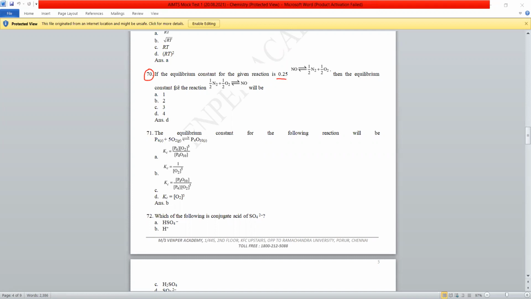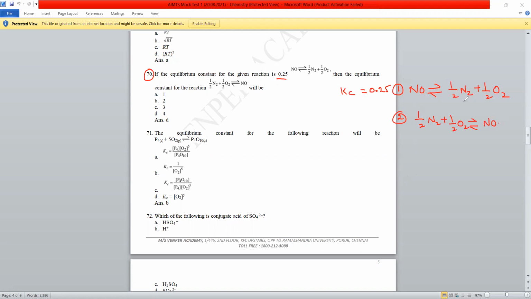Then what is the equilibrium constant for the reaction half N2 plus half O2 in equilibrium with NO? If you write NO in equilibrium with half N2 plus half O2, this is equation number 1, for which they have given Kc as 0.25. Equation number 2 is half N2 plus half O2 in equilibrium with NO.